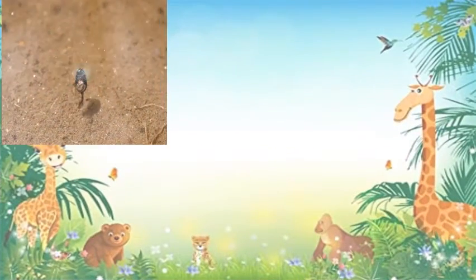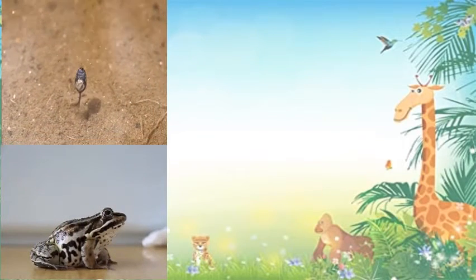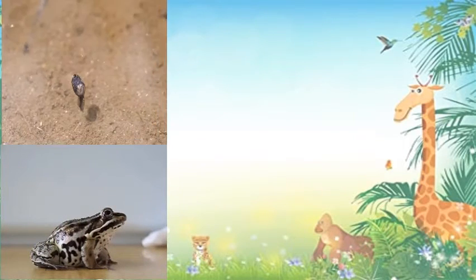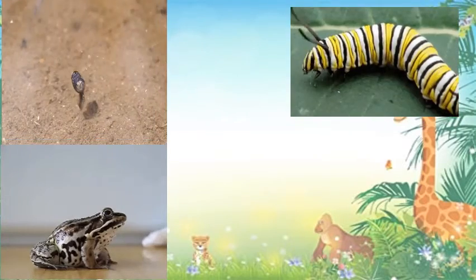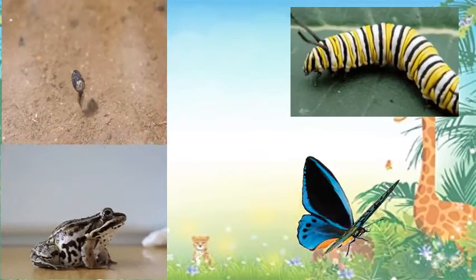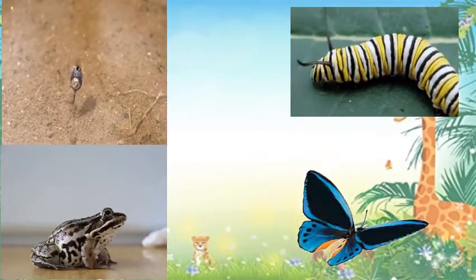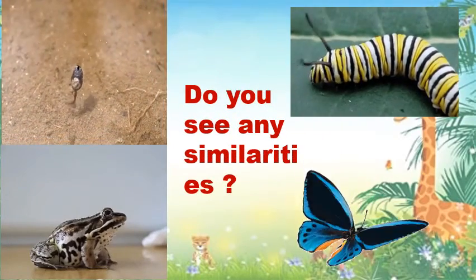Now, here you observe this. This is the baby frog and the mother frog. Here, this is the larva, that is the baby butterfly and the butterfly. Do you see any similarities between these two?